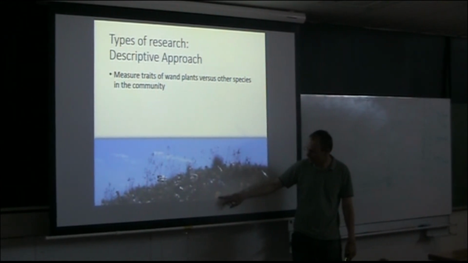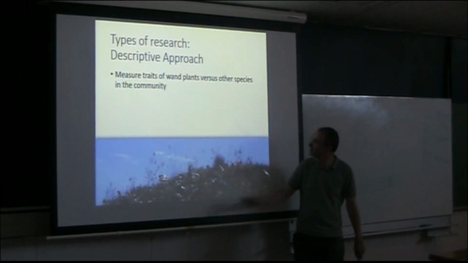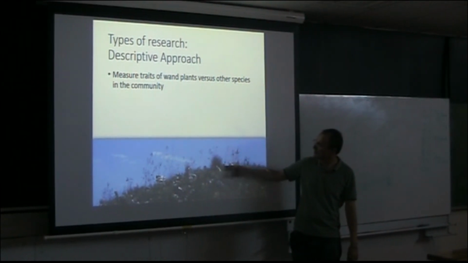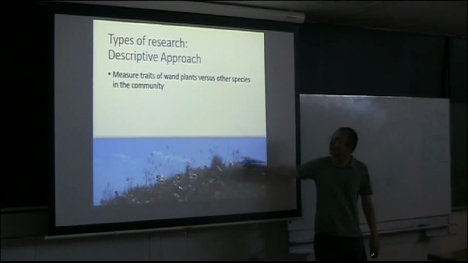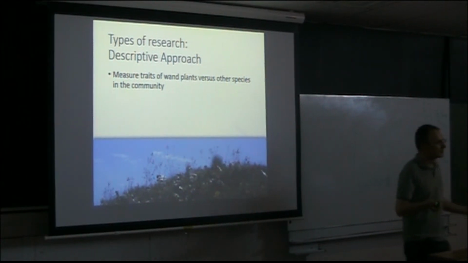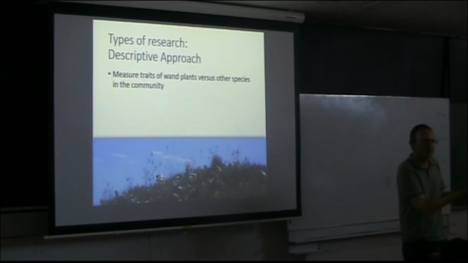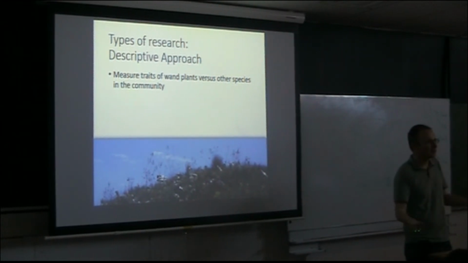I mean, this is Leucadendron. That thing's already branched 5 times across a branch, whereas these things have branched 3 or 4 times across that entire length. So that's entirely descriptive. What we want to say is, how does this architecture differ from the community architecture? There's no hypothesis behind it.